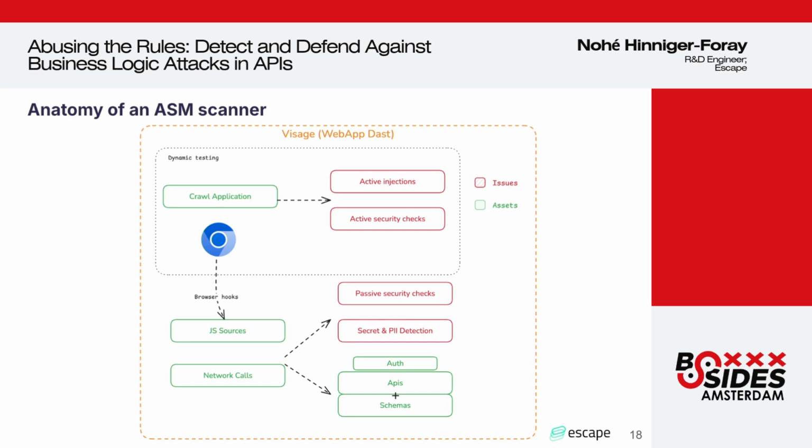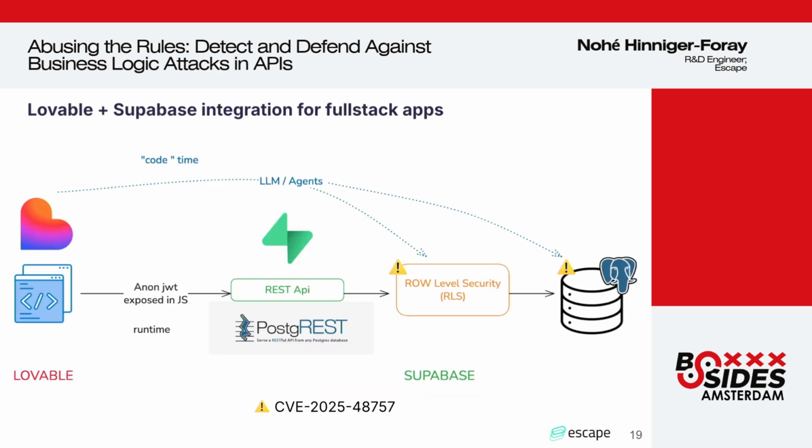We also associate that with the authentication, like we can extract the cookies or the JWT session or whatever. After running that, we quickly discovered that Lovable uses Supabase by default to generate their backends.